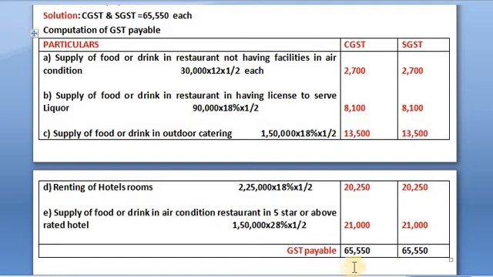I told you, still if it is required, you can say total GST payable is equal to CGST plus SGST. So you can just do this way, right? That is, total GST payable is equal to CGST, one second.